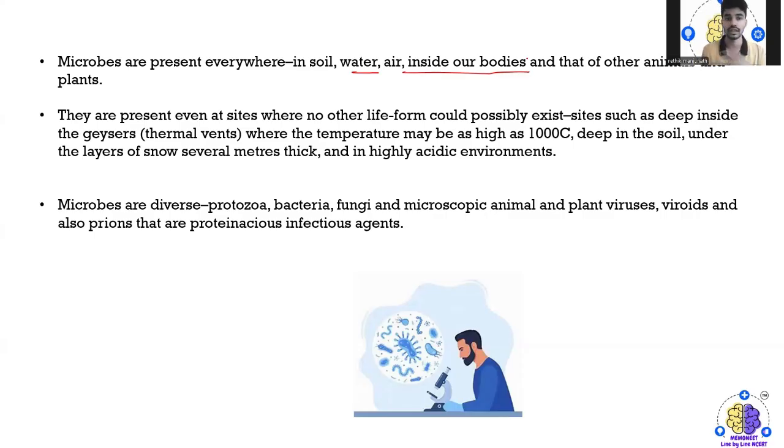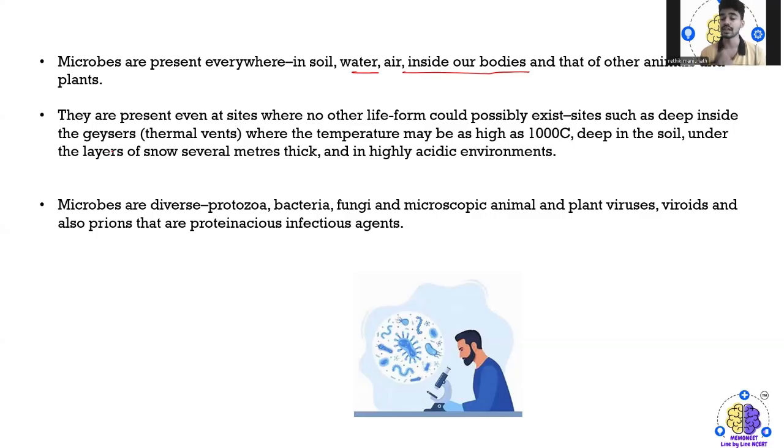Another way is that they help in degradation, in purification, in food making, and some of the organisms are also used in the production of antibiotics. So even though there are harmful things from microorganisms, there are also beneficial things that should be considered.